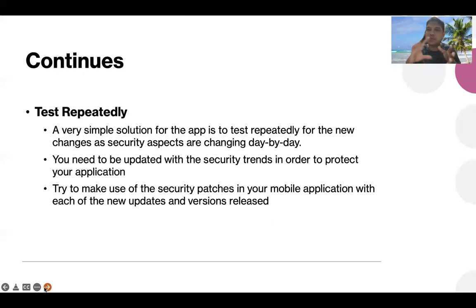You need to explore the latest trends and information. You need to find out how attackers or hackers have an opportunity to hack your application. You need to read more articles to get the information for you to build good security for your mobile application.